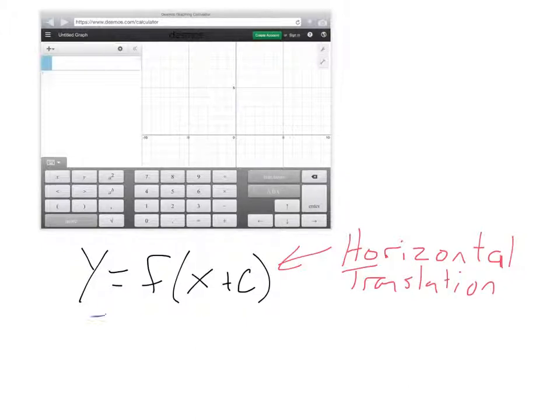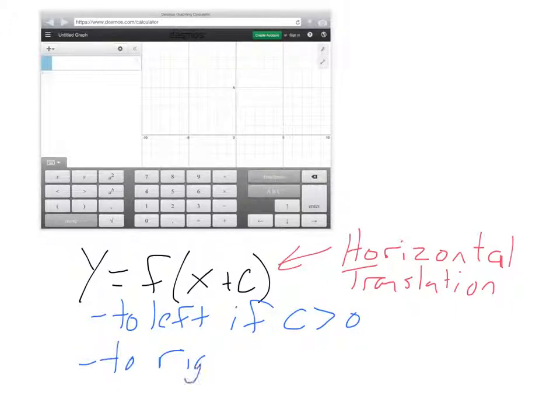It is a horizontal translation to the left if c is positive, and it's a horizontal translation to the right if c is negative.